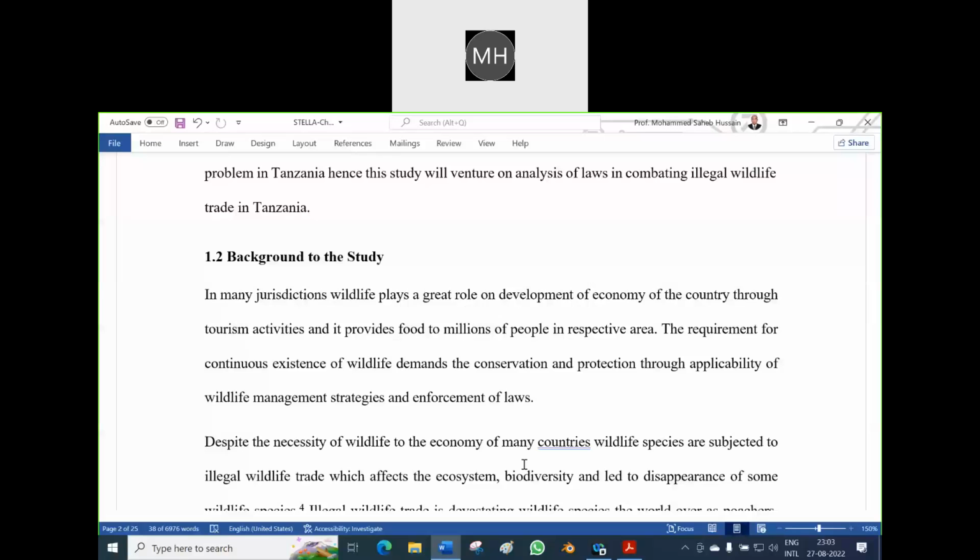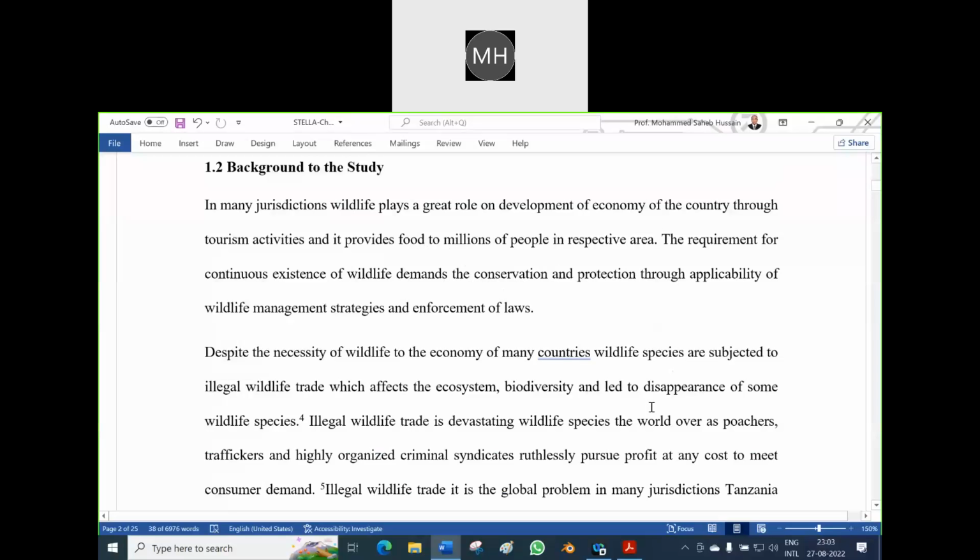The requirement for the continuous existence of the wildlife demands the conservation and the protection through the applicability of wildlife management strategies and enforcement of the law. Of course, in application they made it. Despite the necessity of the wildlife to the economy of many countries, wildlife species are subject to the illegal wildlife trade, which affects the ecosystem, biodiversity, and led to the disappearance of some of the wildlife species.